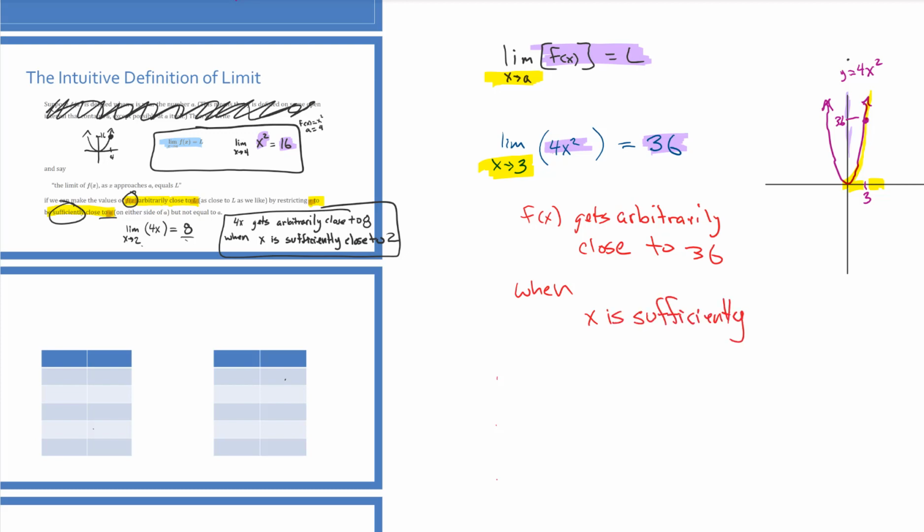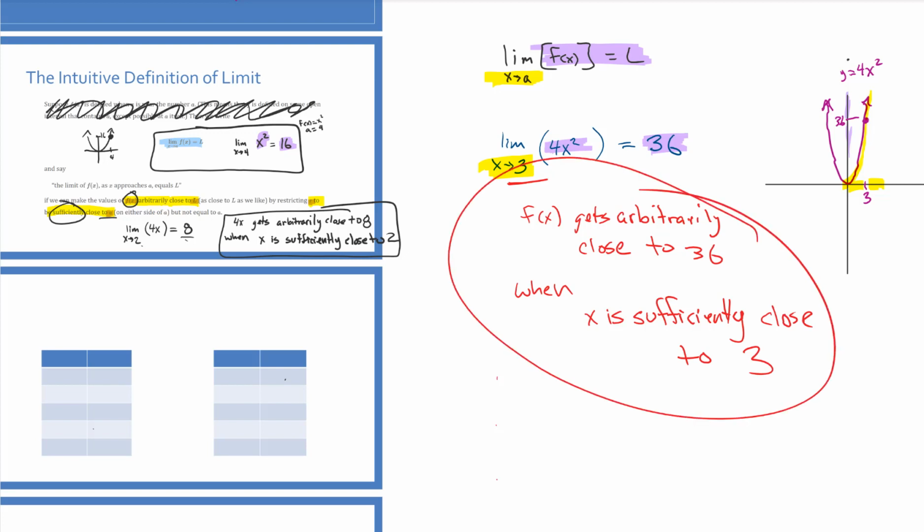Remember, I wrote them in yellow and purple so you can see where the f of x's and the L's go together, and the x's and the 3. Those will be the first couple problems in your homework. The next one, I'll show you how to do the next couple problems, and so forth.